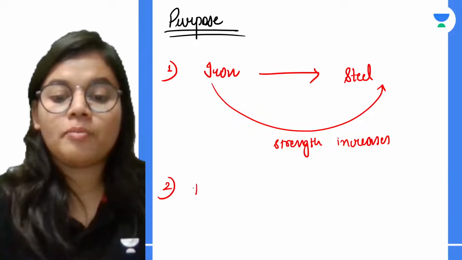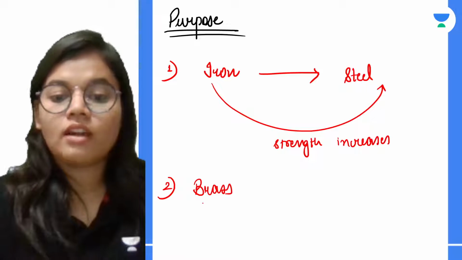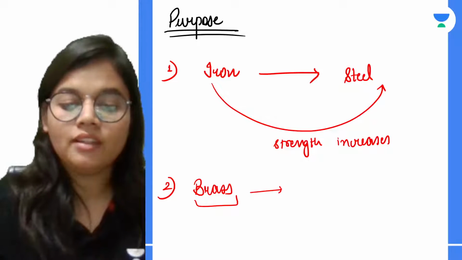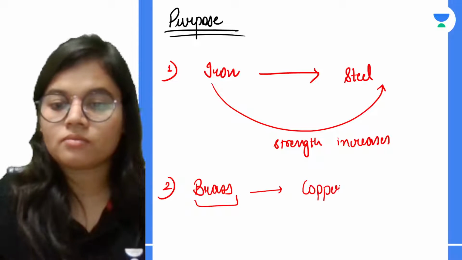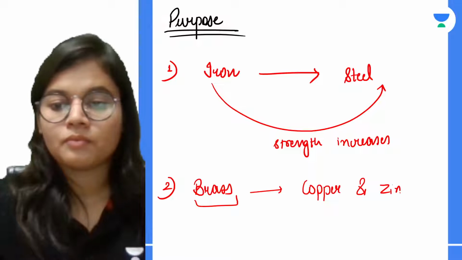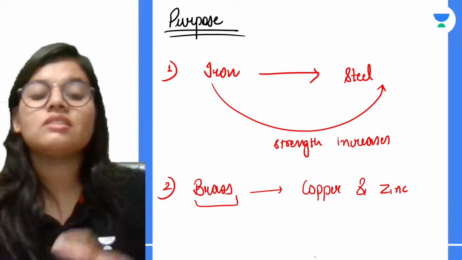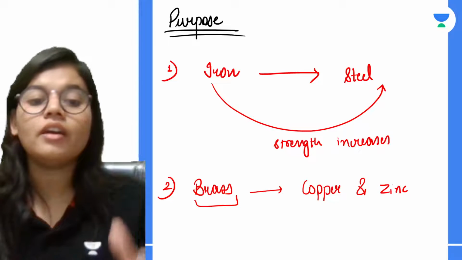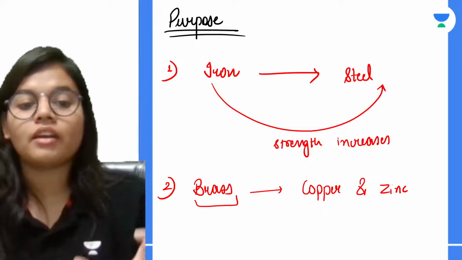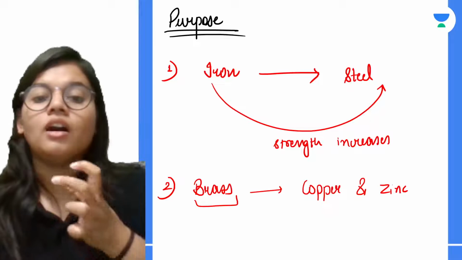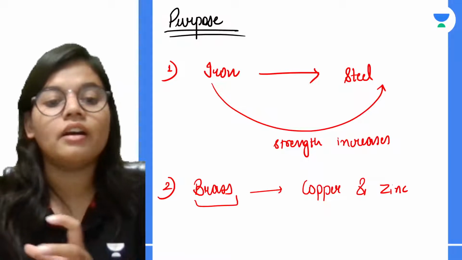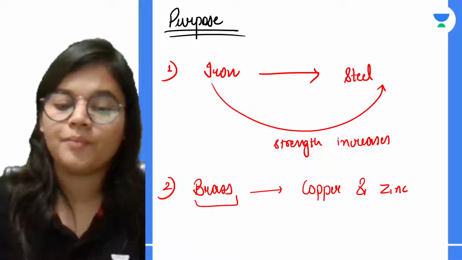Second, if I talk about brass. Brass is an alloy of copper and zinc, and it is stronger than individual copper or zinc. So basically, by mixing copper and zinc, we are turning it into a substance which is stronger than individual copper or zinc.